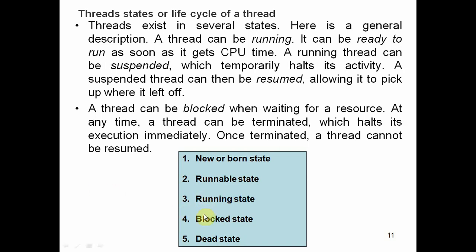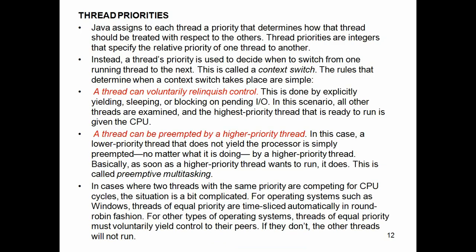Then the next one is the dead state. When the thread's execution is over, that means execution of its statements is over, the thread automatically enters the dead state. So these are the 5 states of any thread, referred to as the life cycle of a thread.